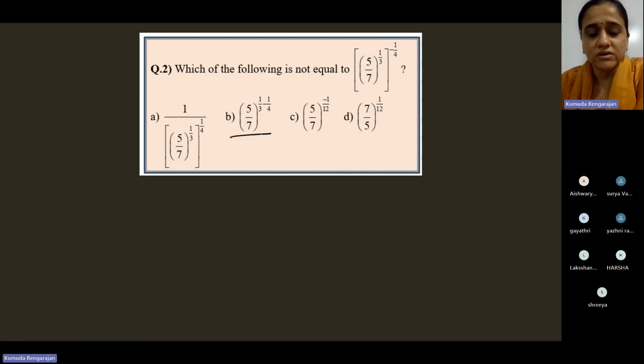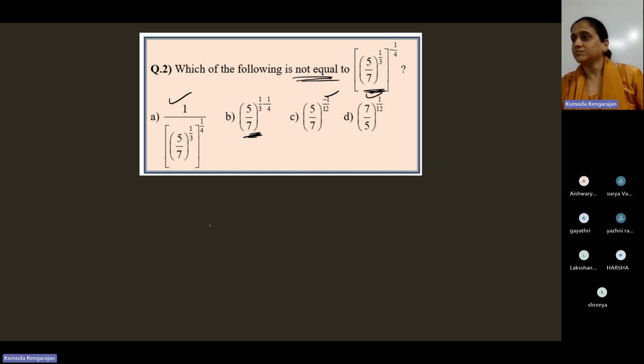But look at this option, 5 by 7, and the powers are subtracted, 1 by 3 minus 1 by 4. So definitely this is not equal to the given expression. You don't have to check the others because you have to find which of the following is not equal to this, right?